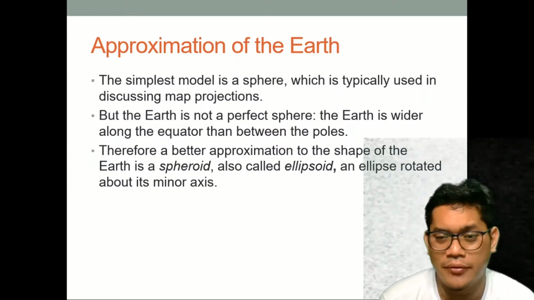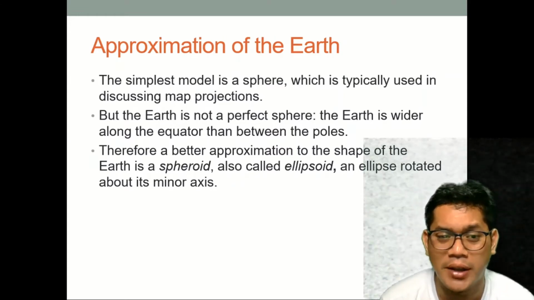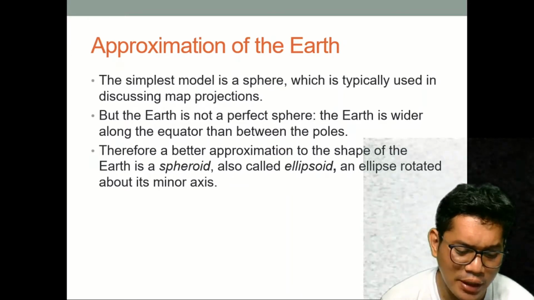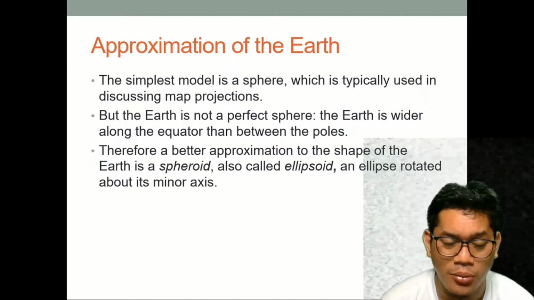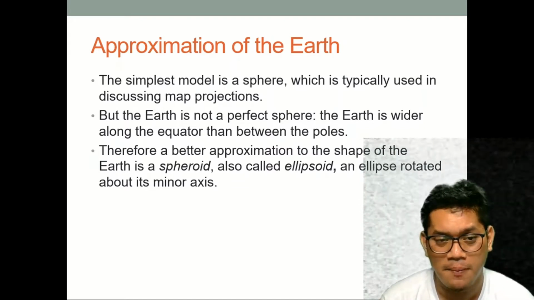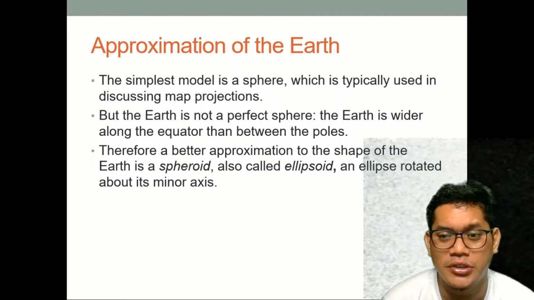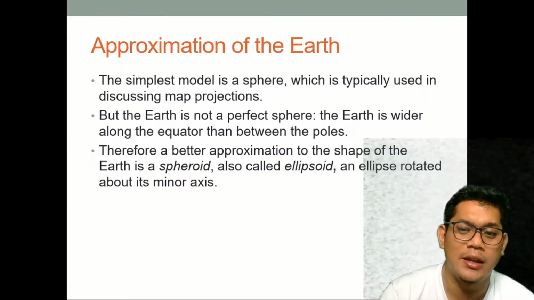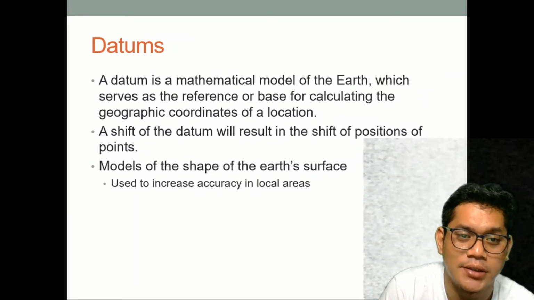But the Earth is not a perfect sphere. It is wider along the equator than between the poles, so basically it's an oblong shape. Therefore, a better approximation of the shape is called a spheroid, also called an ellipsoid, which is an ellipse rotated about its minor axis.